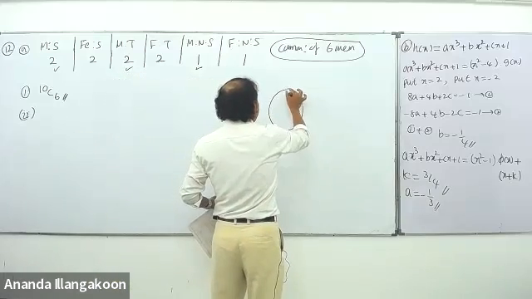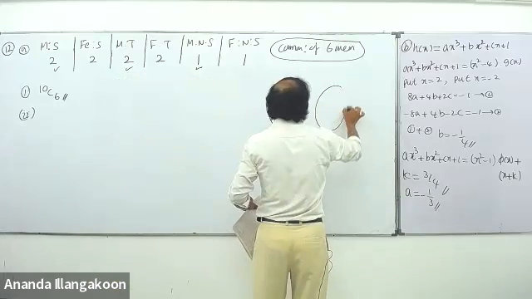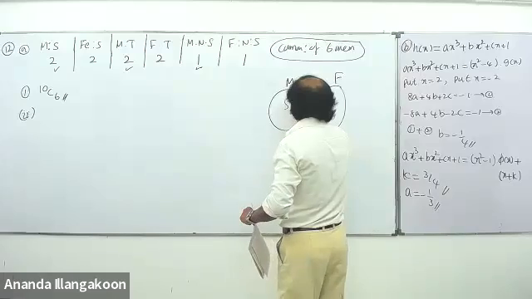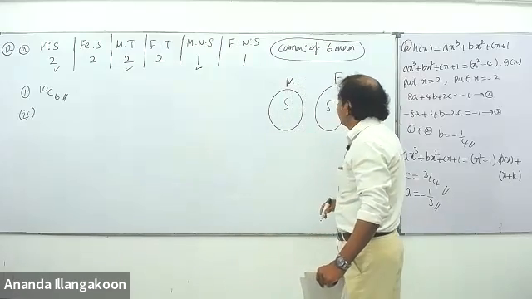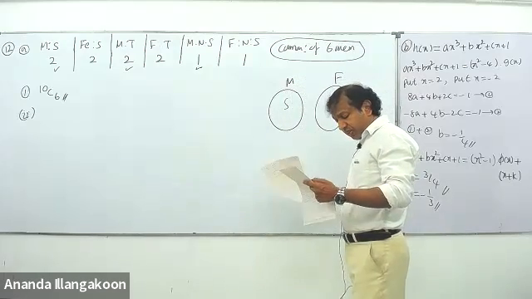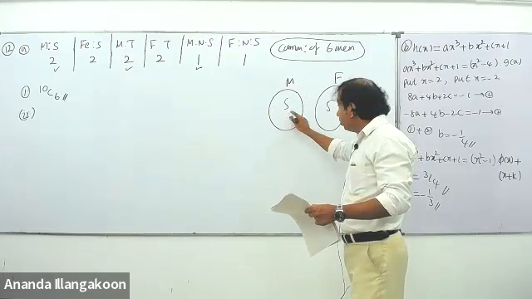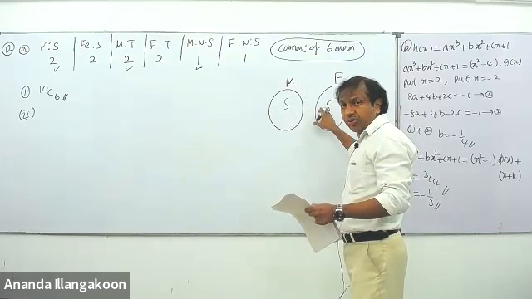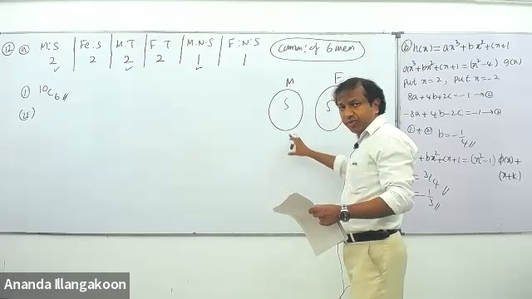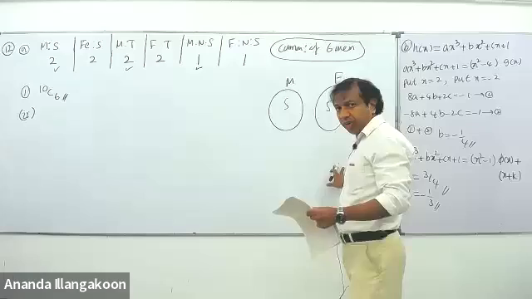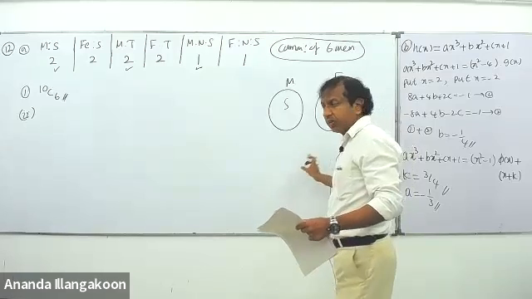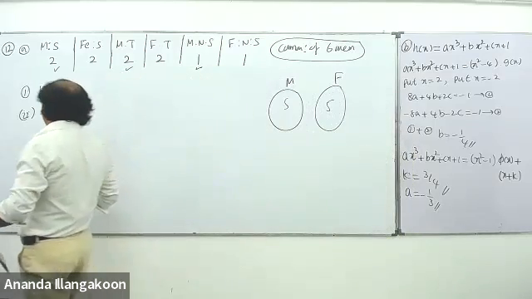We put all men into one set, all female into another separate set. Then this contains 5, this contains 5. What is the second condition required? Committee should include 3 men and 3 women. From this we take 3, from this we take 3. What is that? 5C3, 5C3. Then their product, 5C3 times 5C3.